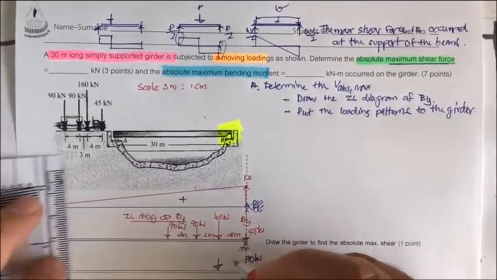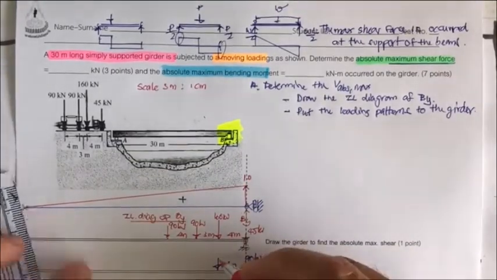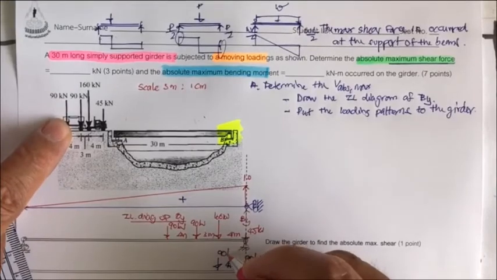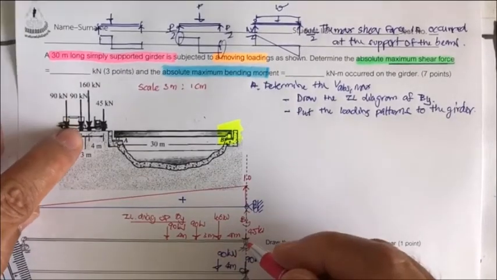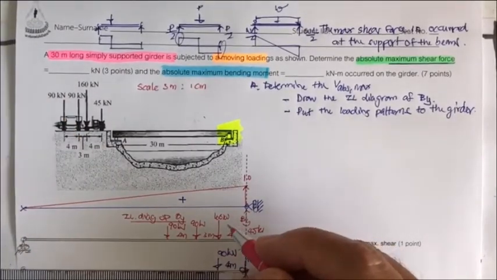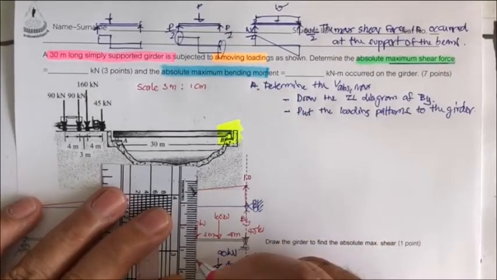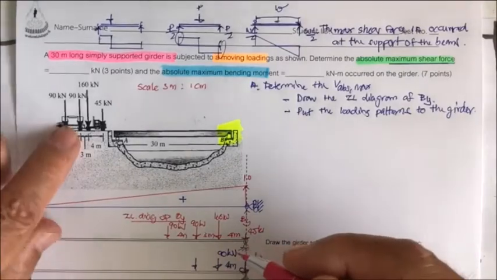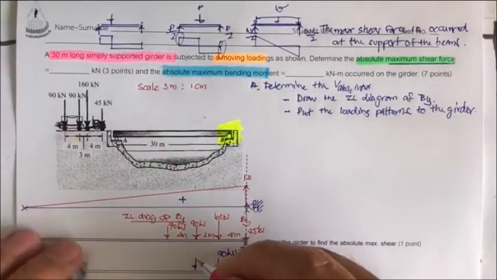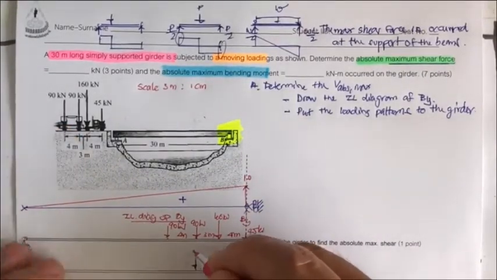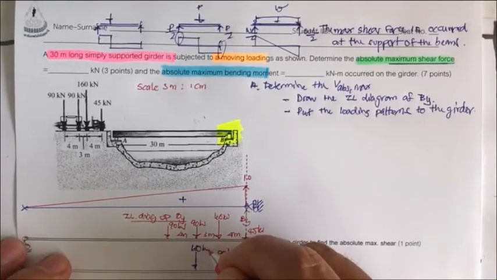This is going to be 4 meter and it's 90 kilonewton. It's the reverse of that. And then 3 meter, that is going to be in alignment with the previous one. That is going to be 90. This is 160 kilonewton.